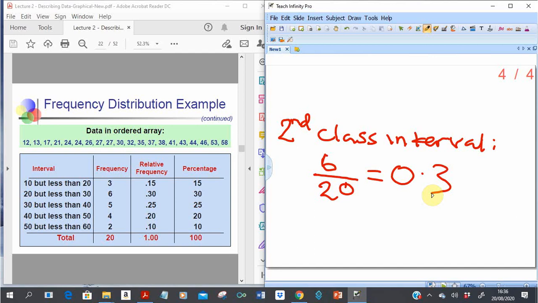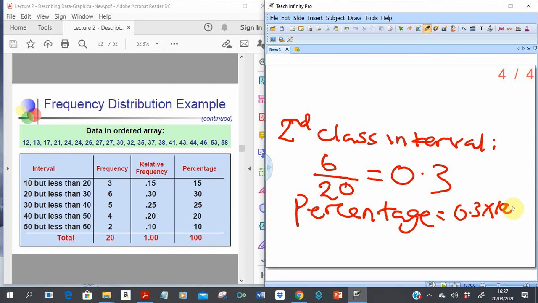To get the percentage of each class, when you have the relative frequency, just multiply the relative frequency by 100. Because we already have the frequency over total, just multiply by 100. So for the second class, to get the percentage, we have 0.3 multiplied by 100, and this gives us 30 as our percentage.